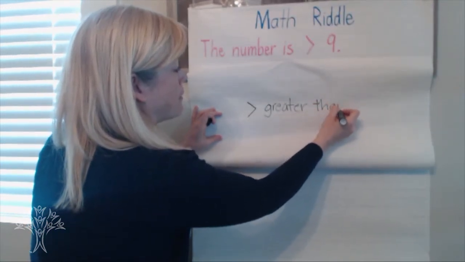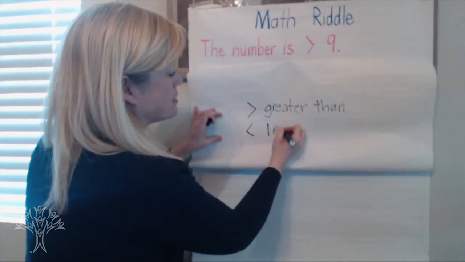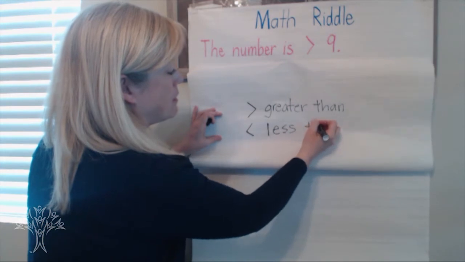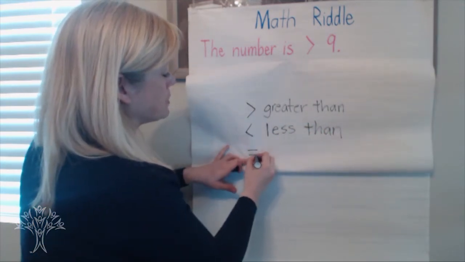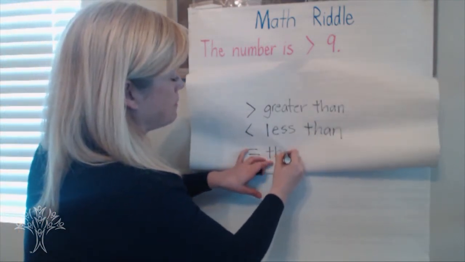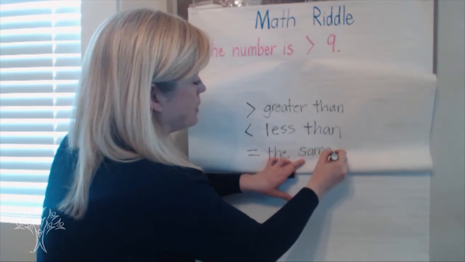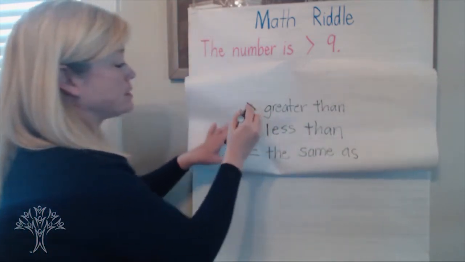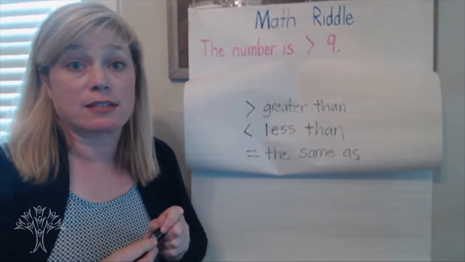We have this sign, which is less than. And then we have the equal sign, which means the same as. So keeping those in mind, there are 3 symbols that we use in math to communicate what we're trying to say.